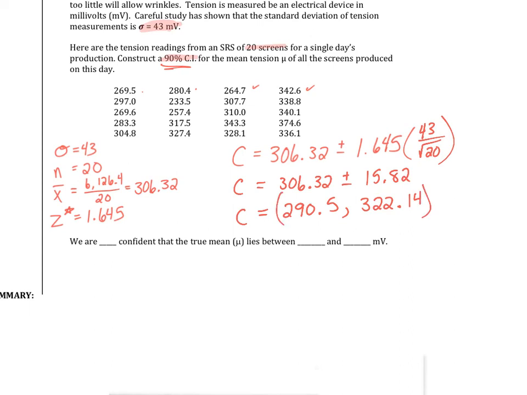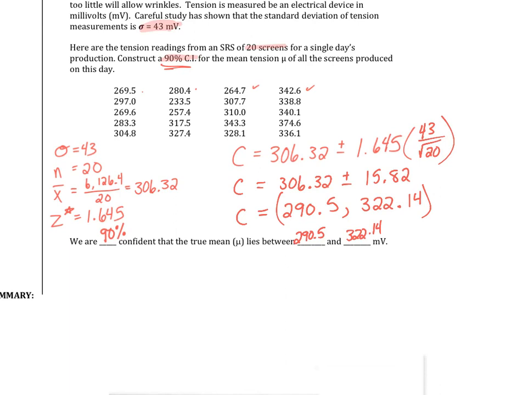So the confidence interval goes from 290.5 up to 322.14. So we are 90% confident that the true mean lies between 290.5 and 322.14.